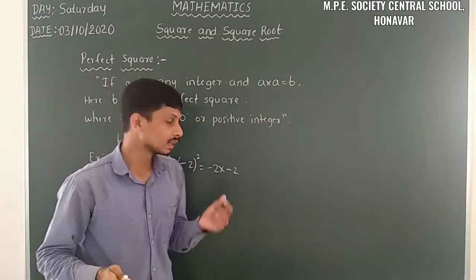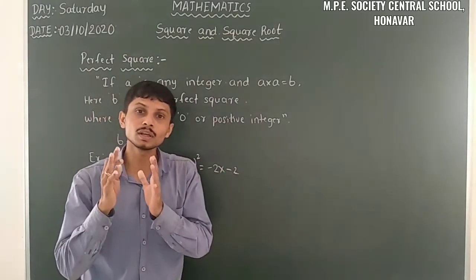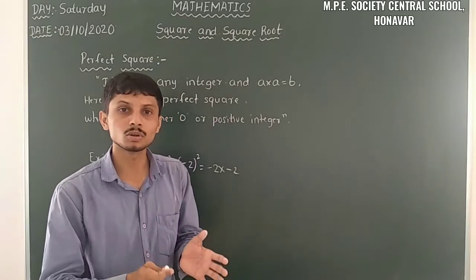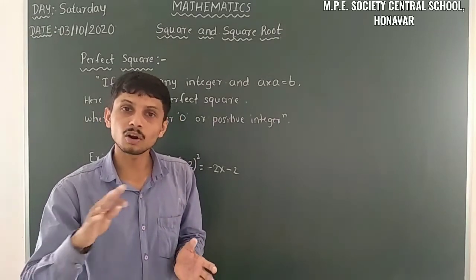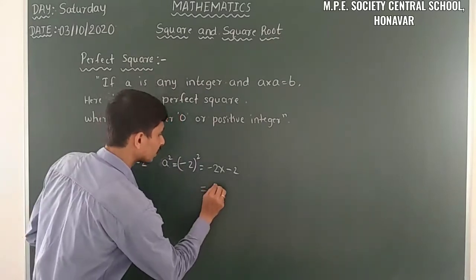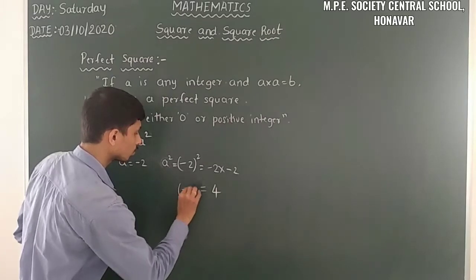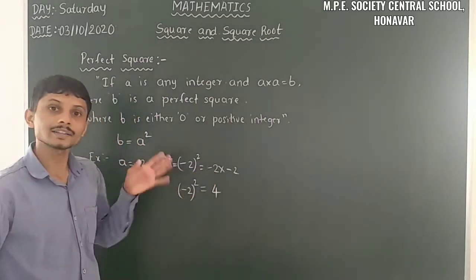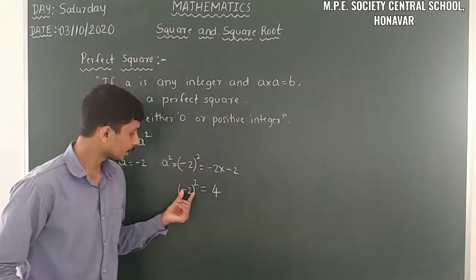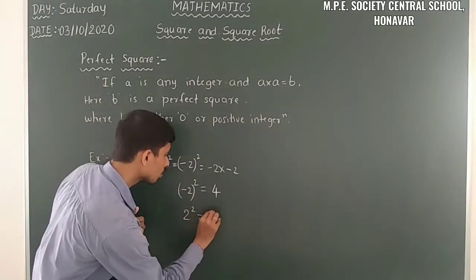That's why the perfect square is always a positive integer or 0. It cannot be a negative integer. So minus 2 square is equal to 4, and also 2 square is 4.